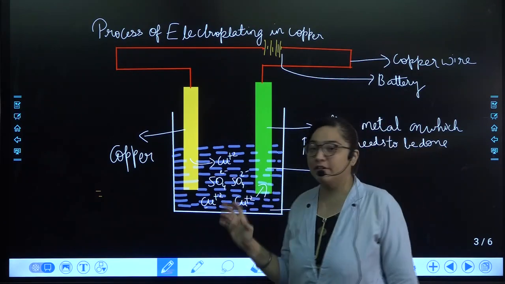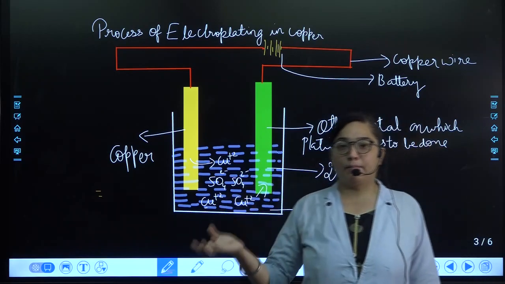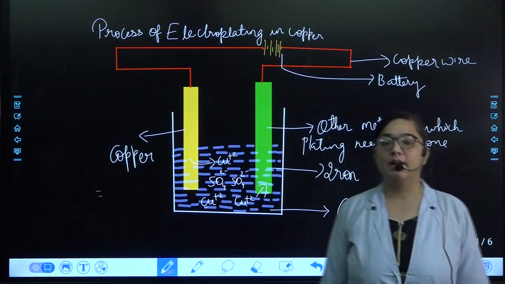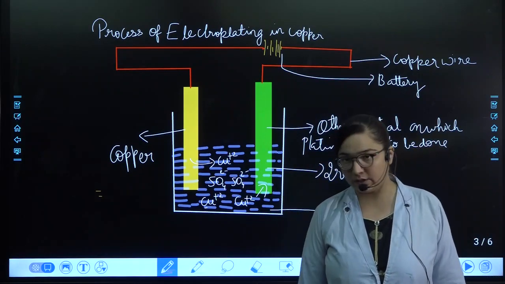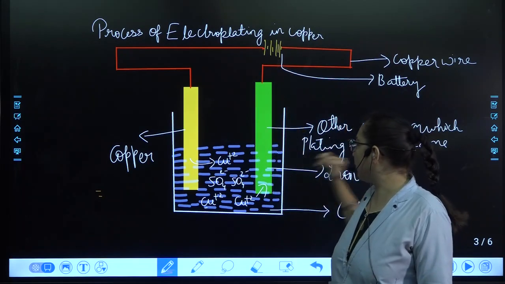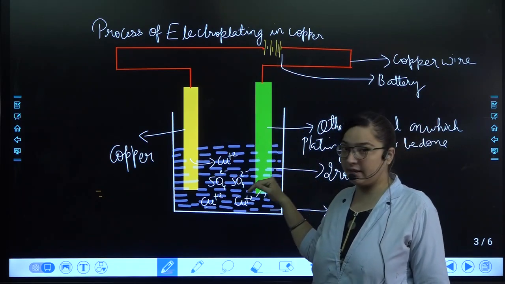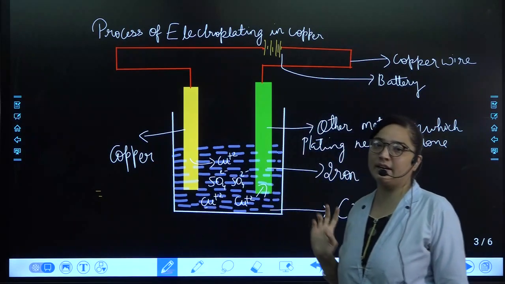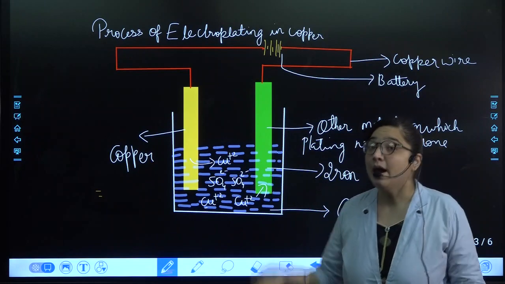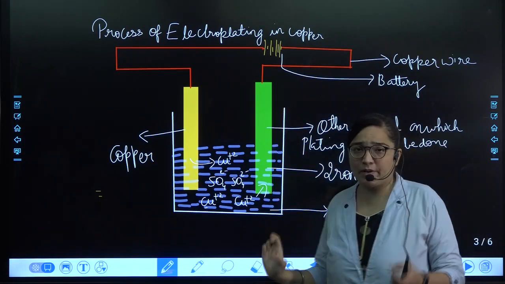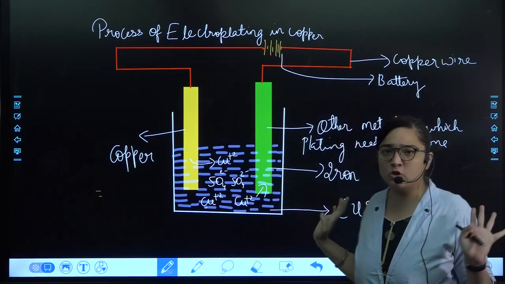The plate on which plating needs to be done is connected with the negative terminal, that is the cathode. Here suppose we want to plate on iron, then it is connected with the cathode. Suppose we want to plate copper, then it is connected with the anode. It is dipped in the solution, and with the help of thick copper wires and the battery, we connect it as shown in the figure.